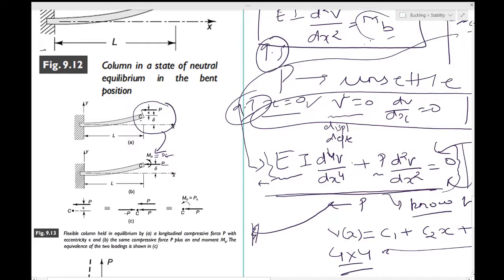Once this is done, perhaps you should know why we are doing this. We have done something similar before, and you may get a hint of why we have converted it. Most of the solutions, say of deflections of a beam, are known for the situation where P is acting in the center and there is a moment acting like this, but they are not known for this sort of situation.